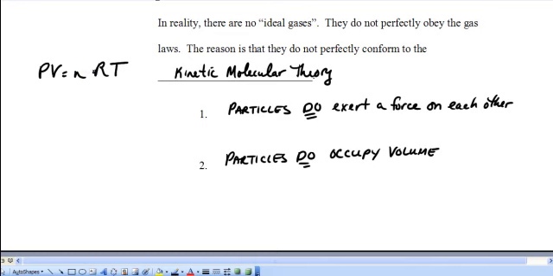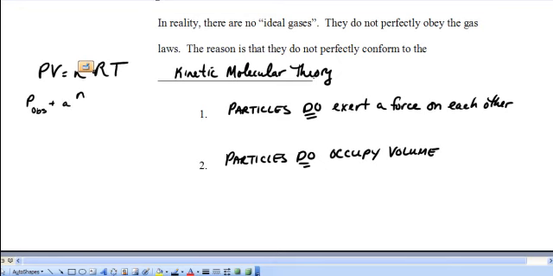What ends up happening is the pressure, what you actually observe, is less than what you would expect because they do slow down the particles as they approach the container wall. So because they slow each other down, the pressure is actually slightly less than what you calculate. So in order to correct for that, we take the observed pressure and we add a correction factor.